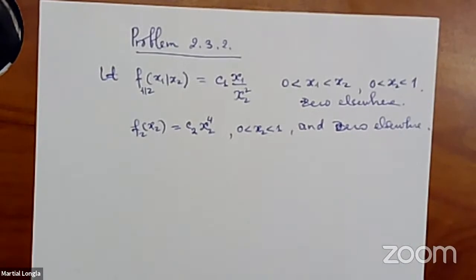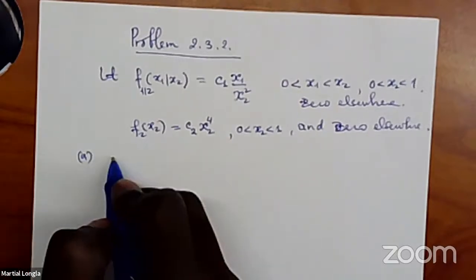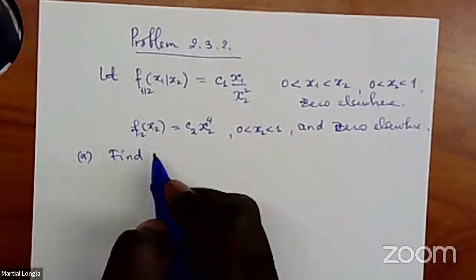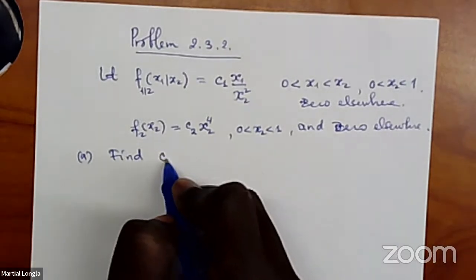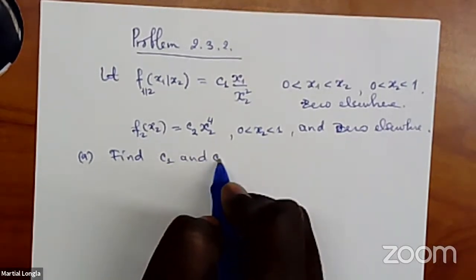Wow, that's crazy. So we have these two things. Question A: find c1 and c2. I love this kind of problem.